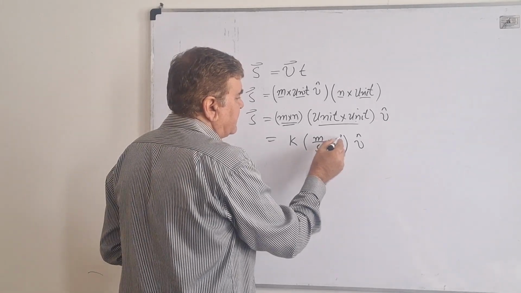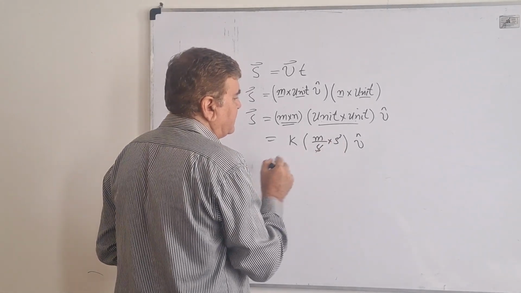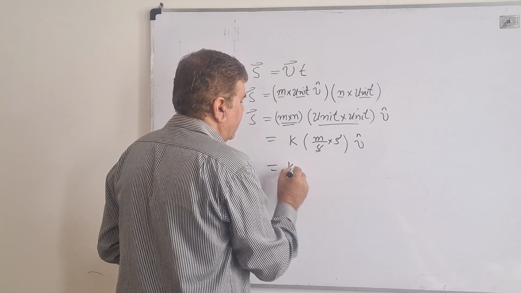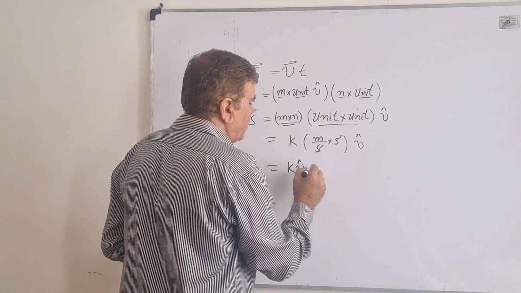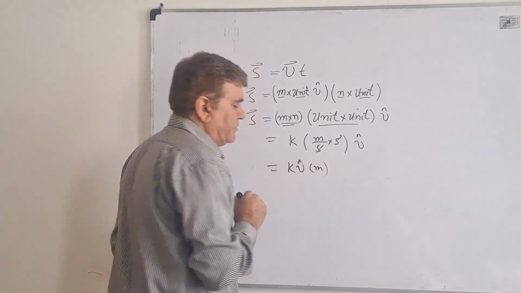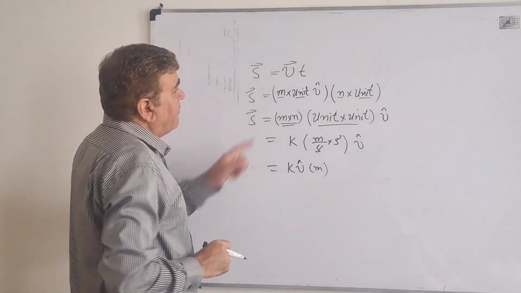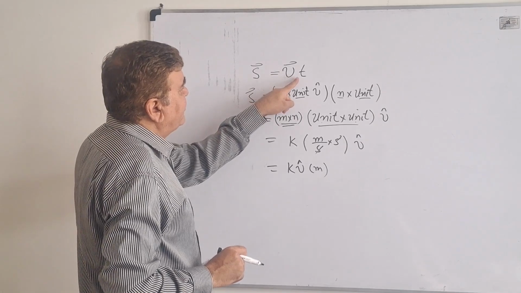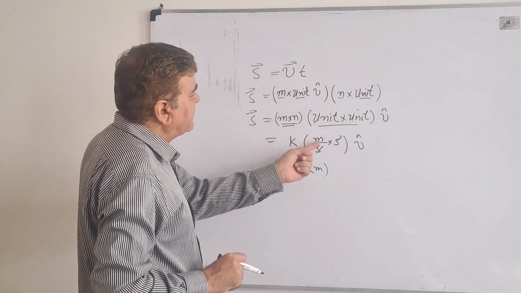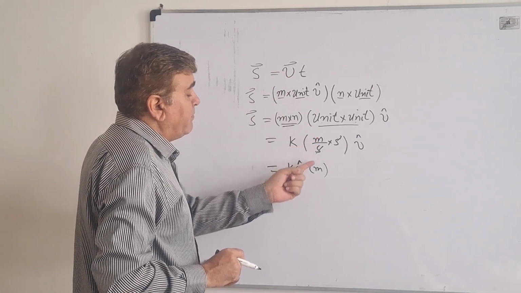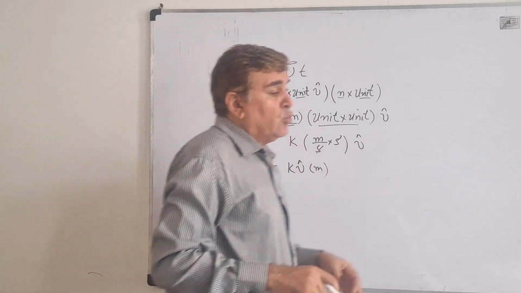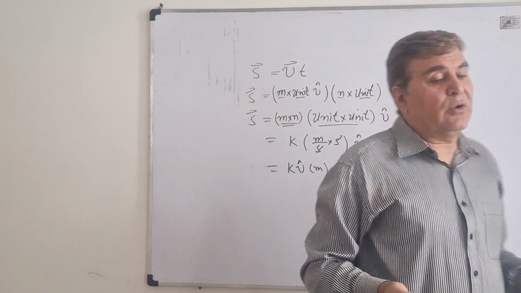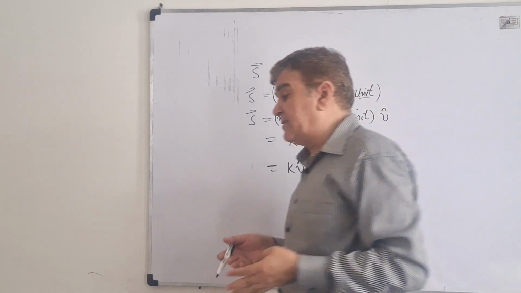So this second with this second cancels, and we are left with k times unit vector v measured in meter, the unit meter. So in fact, the multiplication of this scalar with this vector has changed the unit from meter per second to meter, and from meter per second to meter means we move from one type of physical quantity to another type of physical quantity.